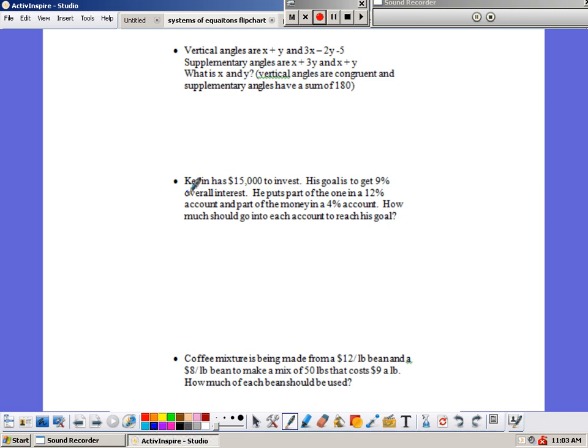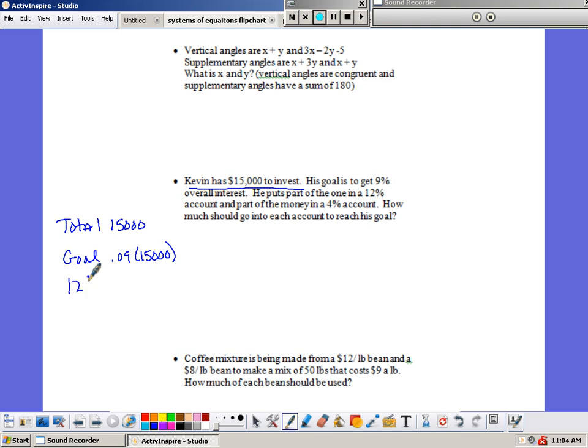Okay, sentence 1. Kevin has $15,000 to invest, so he has a total of $15,000. His goal is to get 9% overall. So his goal is 9% of 15,000. He has two accounts.